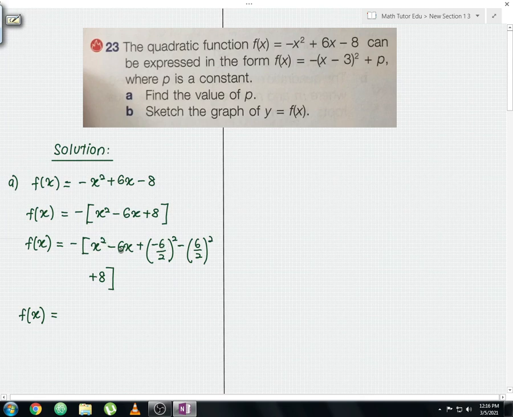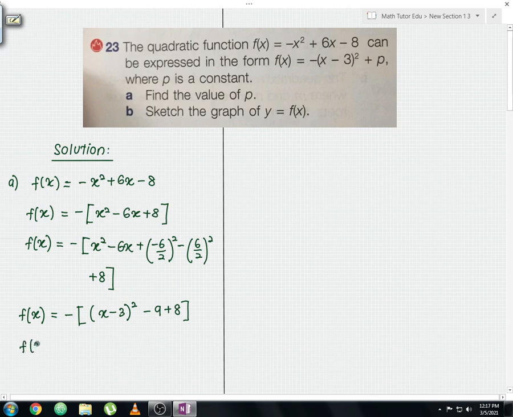So x squared minus 6x plus 9 can be reduced into (x minus 3) squared, negative square bracket, only for the first three parts, guys. As for the remaining two expressions over here, you'll get negative 9 plus 8, close bracket. So continue to the next step.